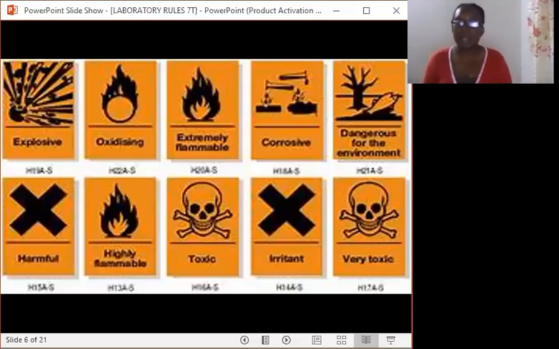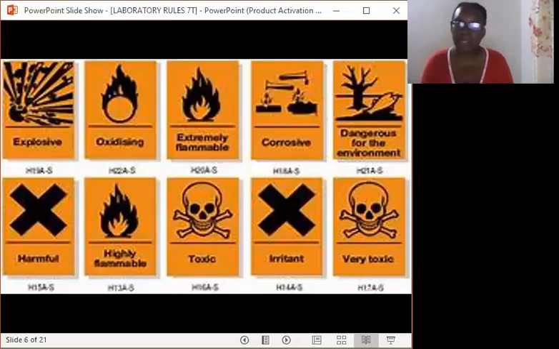On the right side of the screen, you will see a label which indicates dangerous for the environment. For example, some chemicals that they use on plants as insecticides to keep insects from damaging the crop may seep into the soil and kill the microorganisms and so cause the plants and trees to die.